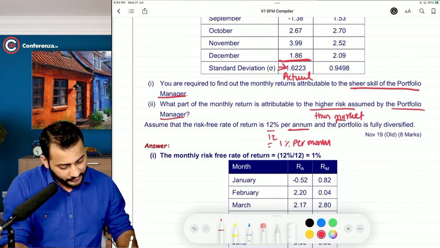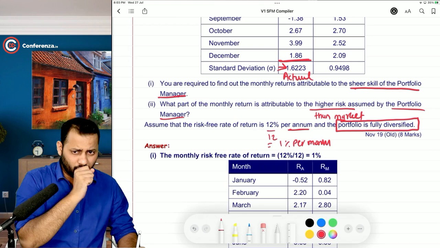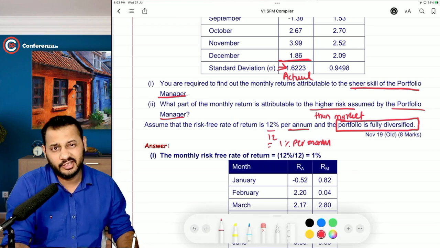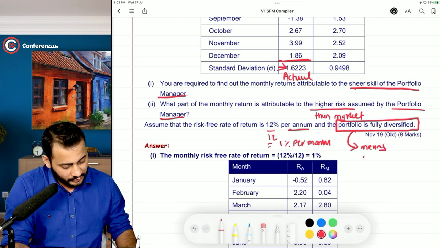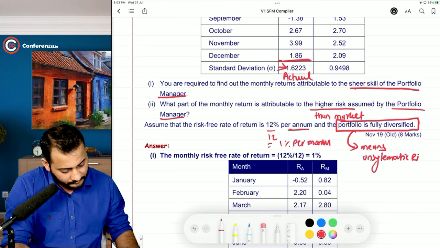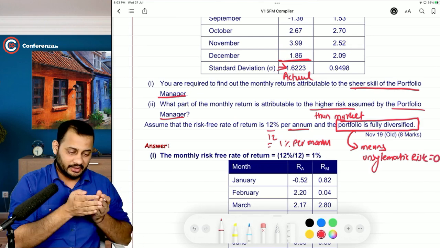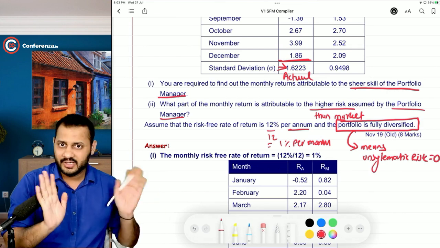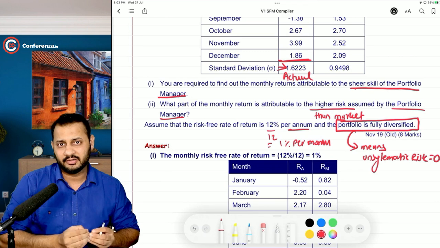And the portfolio is fully diversified. What do you think the meaning of fully diversified is? It means unsystematic risk is 0. Whenever you diversify the portfolio, you keep on reducing the unsystematic risk.